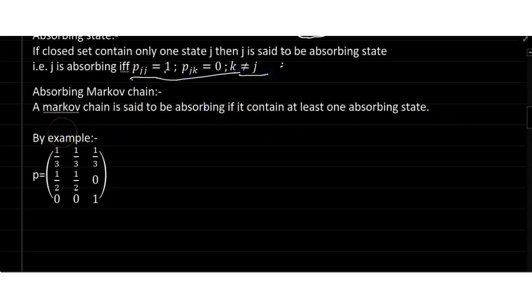Absorbing Markov chain: a Markov chain is said to be absorbing if it contains at least one absorbing state. So friends, for example, you see here P33 is 1. This is an absorbing Markov chain.